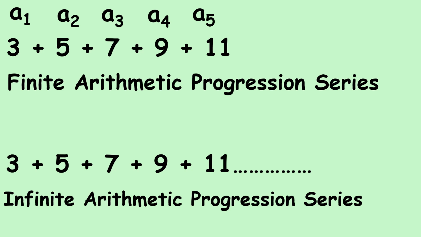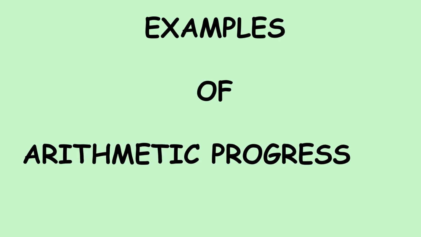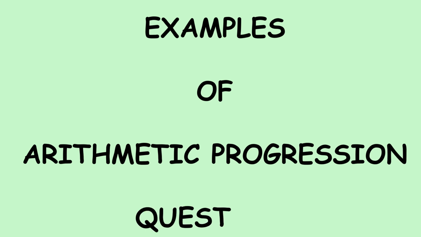So therefore it's infinite, and because we are carrying out an operation, it is a series. So that's just that about the arithmetic progression. Now we'll quickly look at example questions so that we can solve and have better understanding.